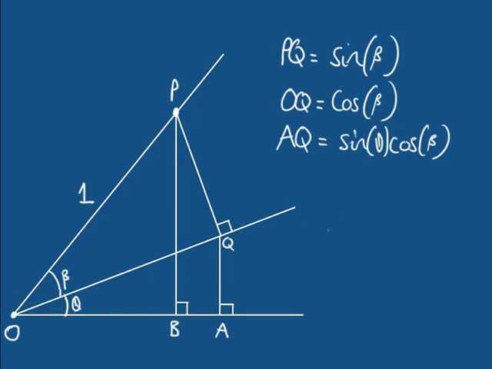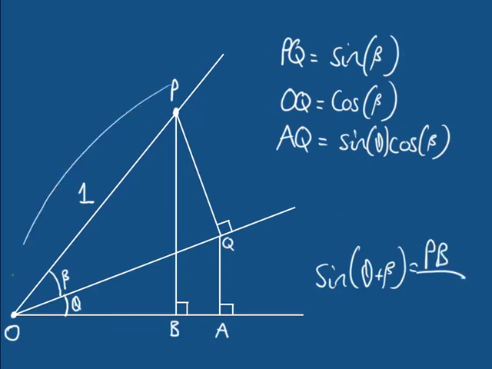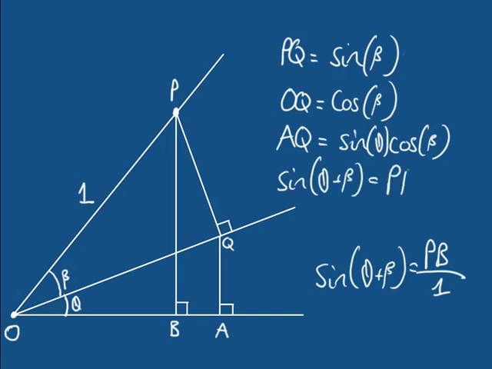Therefore, we know the sine of theta plus beta is equal to the opposite, which is PB, divided by our hypotenuse. Our hypotenuse is OP, which we know has a length of 1. Therefore, we know the sine of theta plus beta is equal to PB.